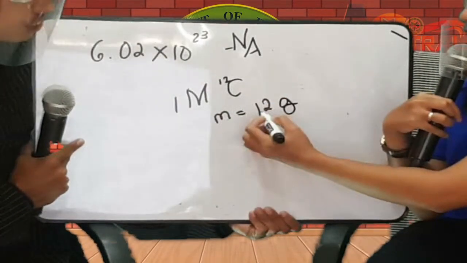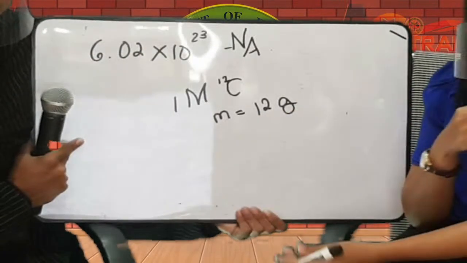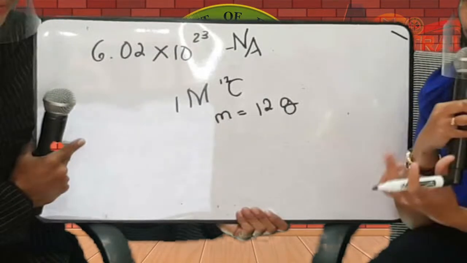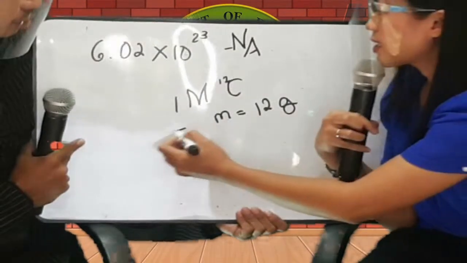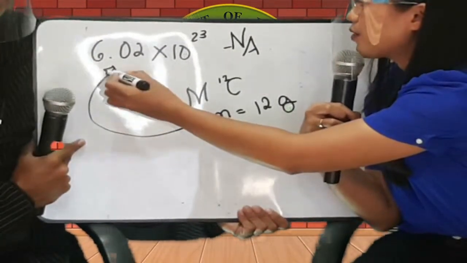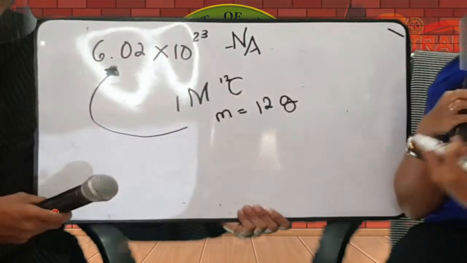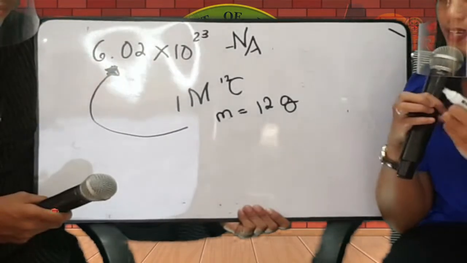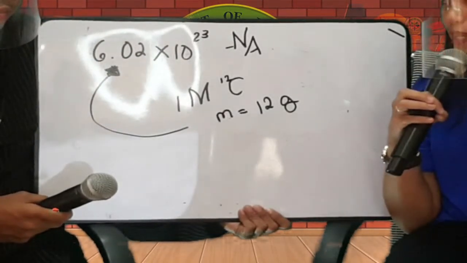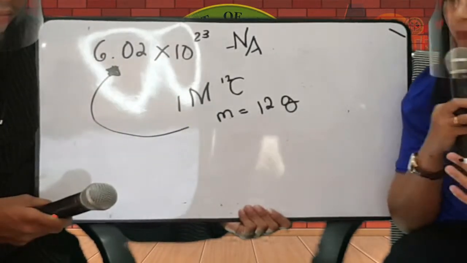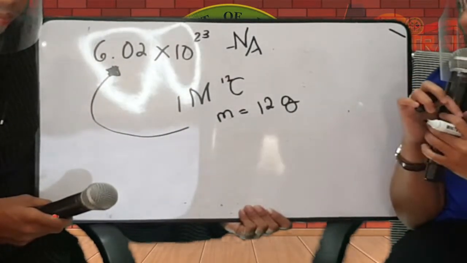So 12 is the magnitude, gram is the unit. In 1 mole of carbon 12, it contains Avogadro's constant, 6.02 times 10 to the power of 23. Meaning to say, in 1 mole of carbon 12, that is the number of particles present in that specific atom: 6.02 times 10 to the power of 23.